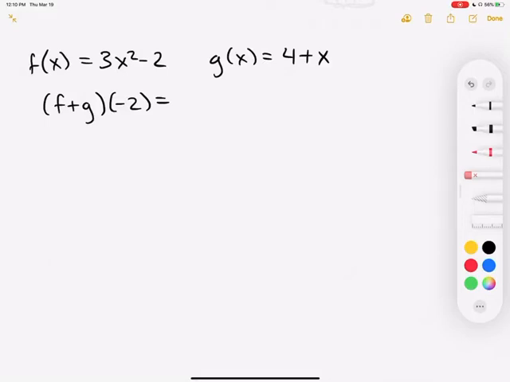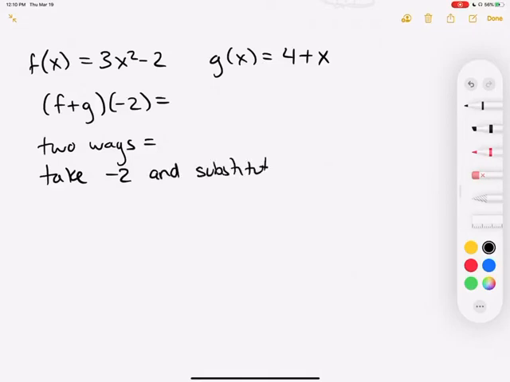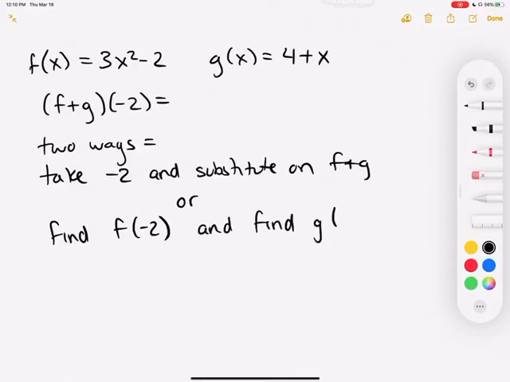So first of all, we have to find what my f plus g function is. There's two ways to do this. There's two ways. Take -2 and substitute on the f plus g function, or find f of -2 first, so substitute into the f function, and find g of -2.